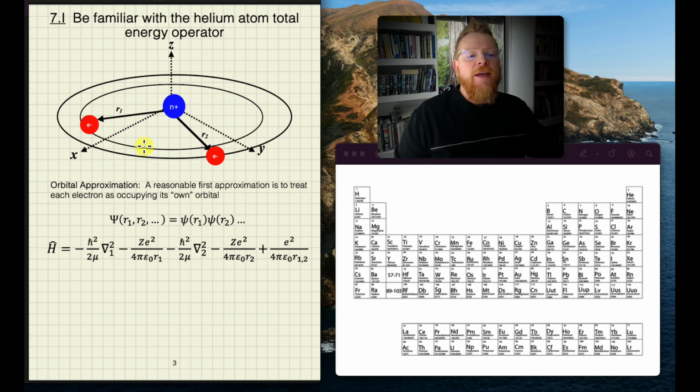So in the orbital approximation, which is what we will subscribe to in this development of quantum mechanics of atoms, a reasonable first approximation is to treat each electron as occupying its own orbital.